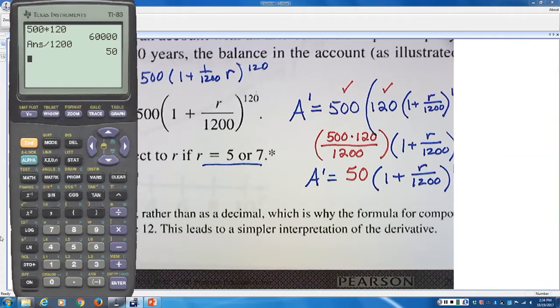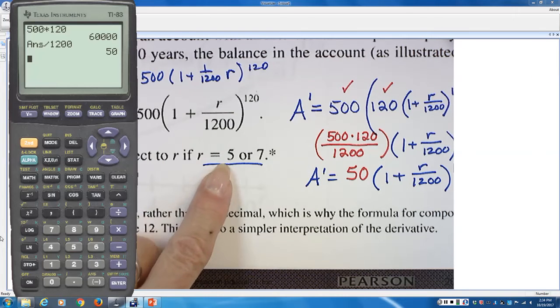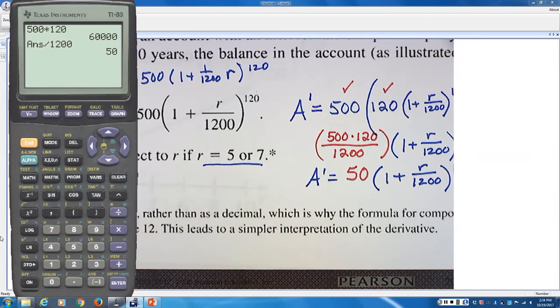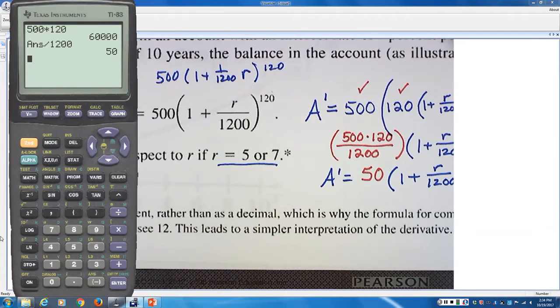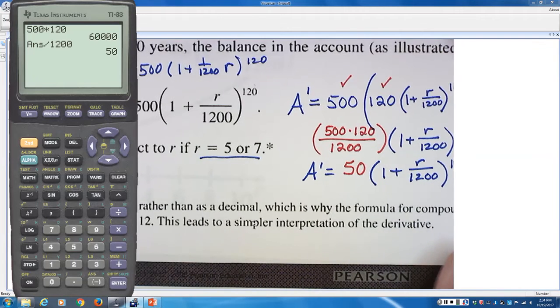And then it says find the rate of change if R is 5 or if R is 7. So all we're doing is plugging in 5 and plugging in 7. And if I'm going to do that arithmetic, frankly, I'd rather use the calculator.